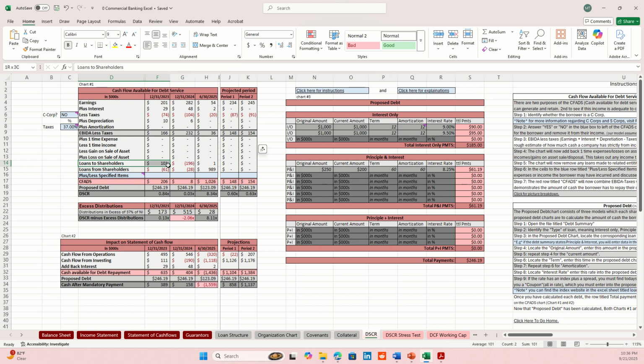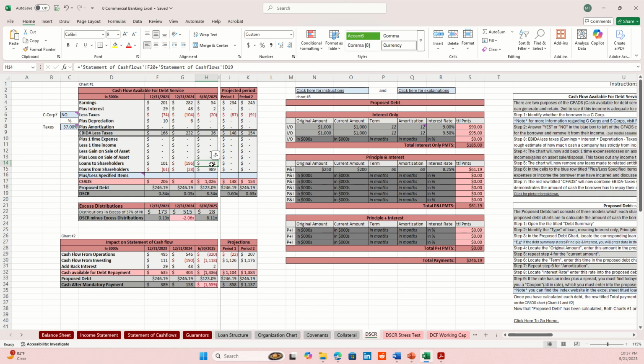Now, loans to shareholders. Remember, a loan to a shareholder means that you gave away money. You gave away cash. In 2023, they gave away $101,000 worth of cash. In 2024, that same shareholder or that same related company repaid $196,000.